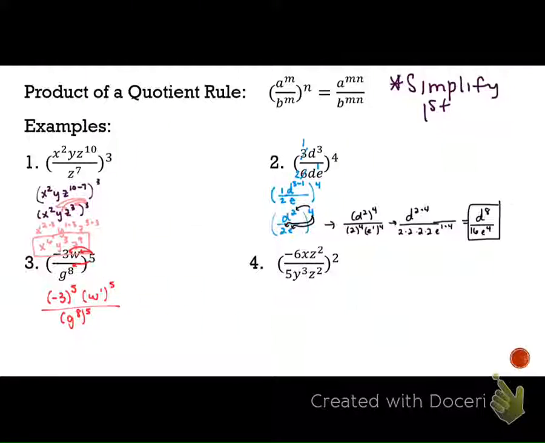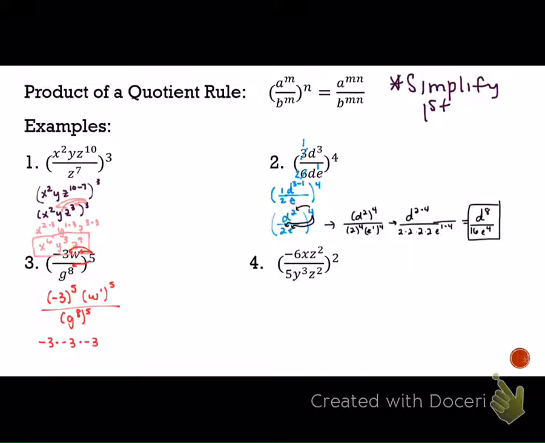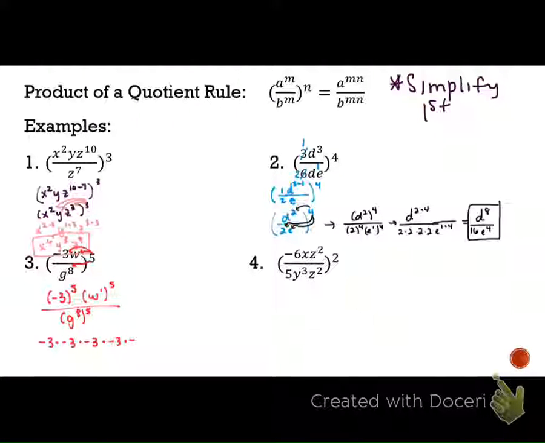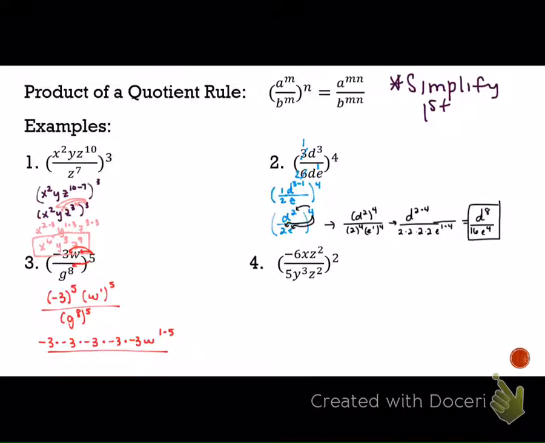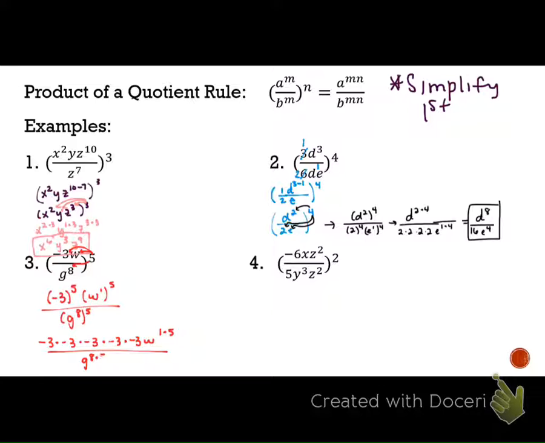So what does negative 3 to the 5th power mean? Good. It does not mean negative 3 times 5. It means you're listing it out and multiplying that way, right? And like you said, what do we do with an exponent to an exponent? Good. Remember, if you get confused, list it out.